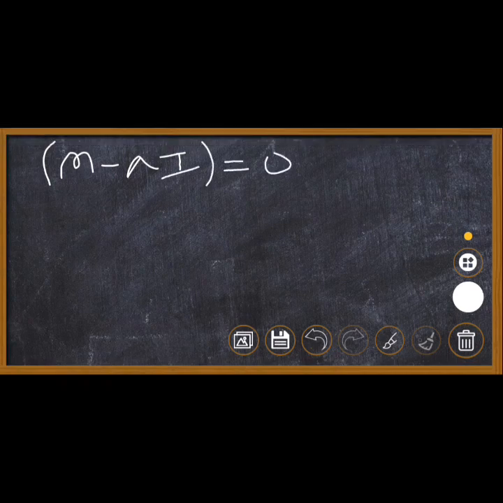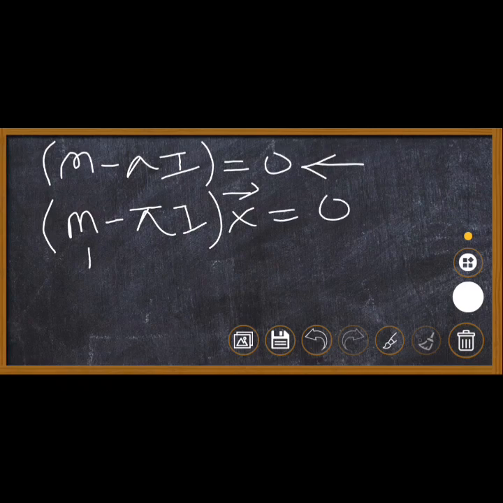So this is what we always follow, and then if you are finding the eigenvectors, you always add the vector outside the brackets, that's x, equal to 0, where this is the matrix that is given in the expression, and this is the identity, 1, 0, 0, 1.